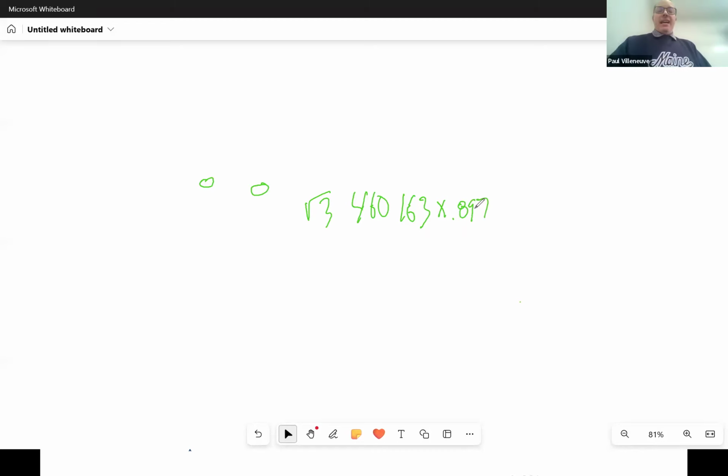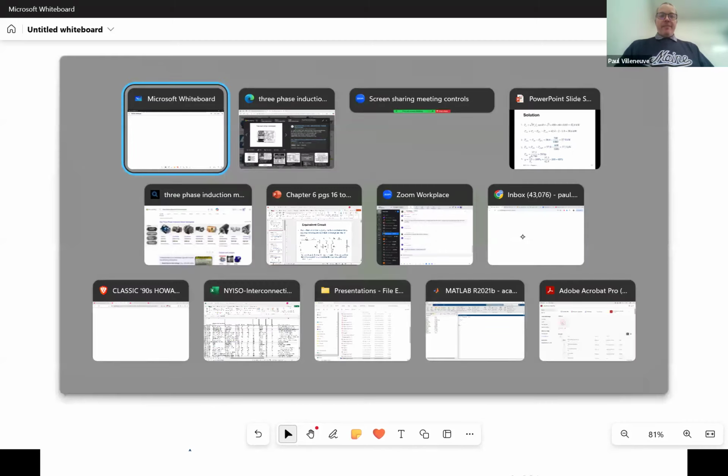And then I divide that by 746. Does that equal 150 horsepower? Anybody know? I can bring it up on MATLAB.